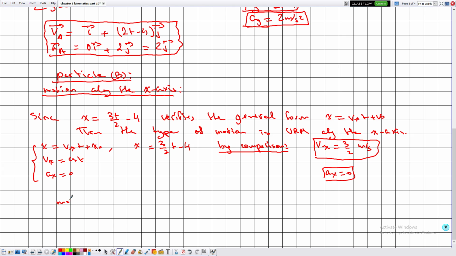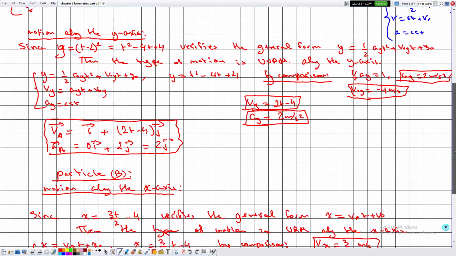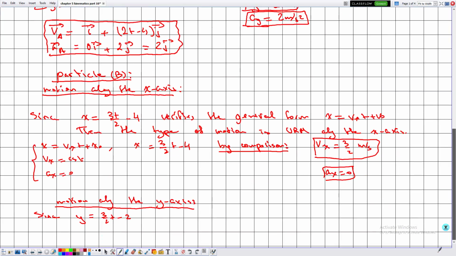Now as for the motion along the y-axis, we have that y is equal to 3 over 2 t minus 2, if I'm not wrong. Yes. This verifies the general form y is equal to Vy t plus y0.